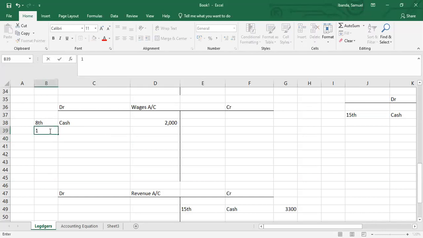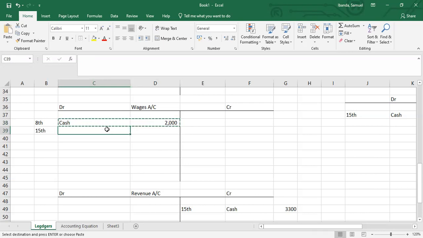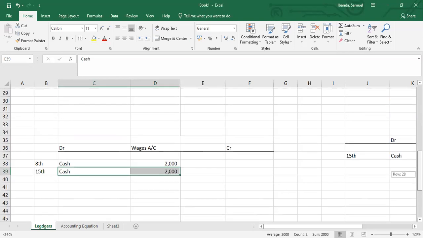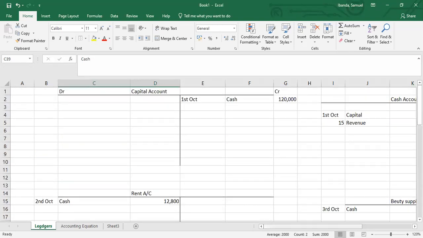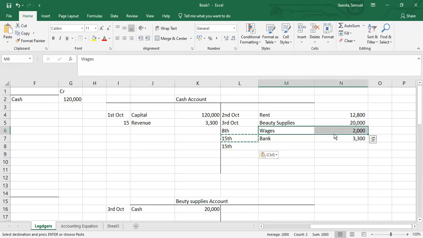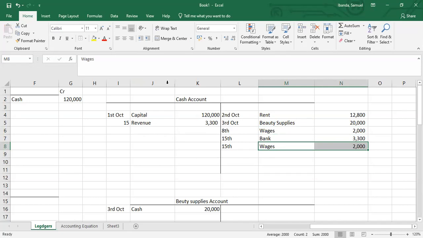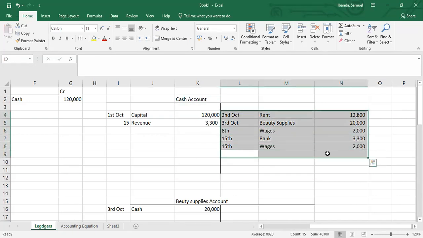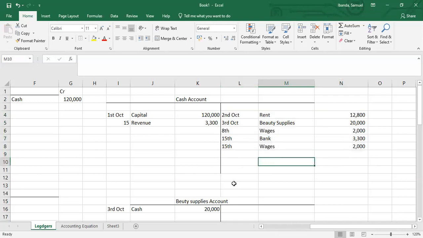But this is on 15th, and it's also a payment. Then I'll go up in my cash account and credit. I'll come here, 15th, I'll put wages and put the 2000, like that. You get it?